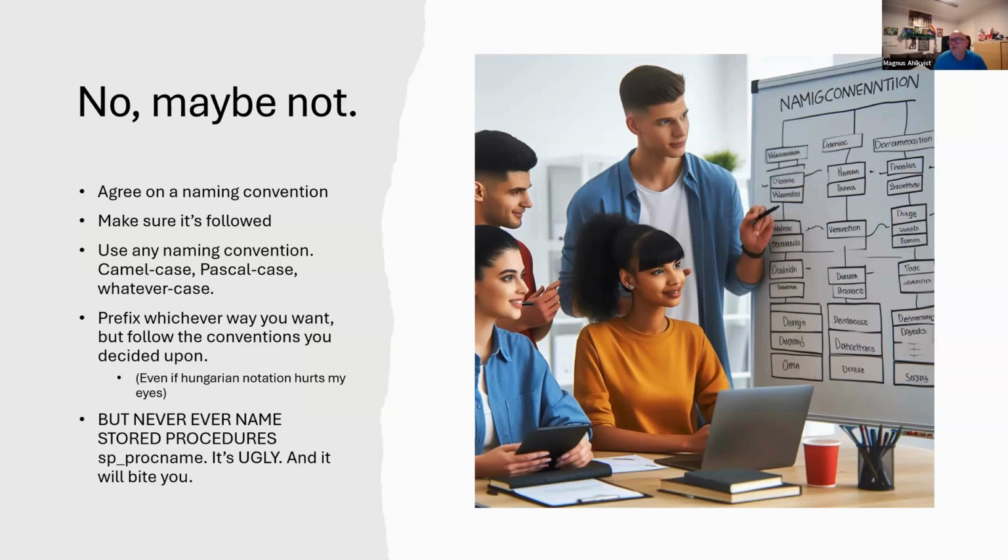Can't do that. So all we could do was drop it and recreate it with another name. That's when we changed the naming convention of stored procedures to not use SP underscore. I don't remember what the name of the procedure was, but something that made sense to be a system stored procedure.